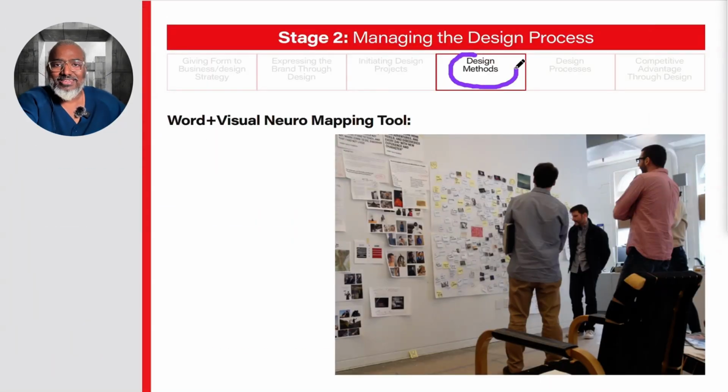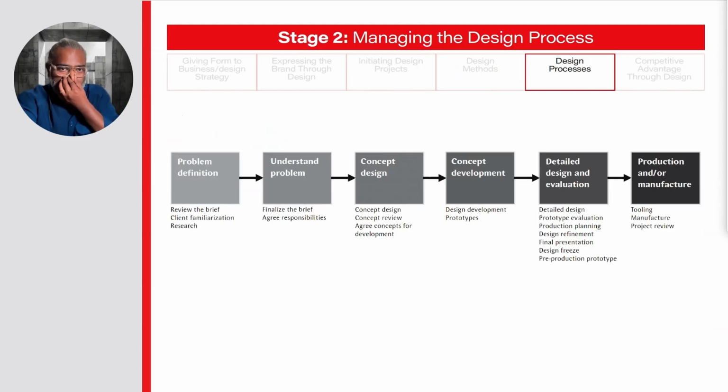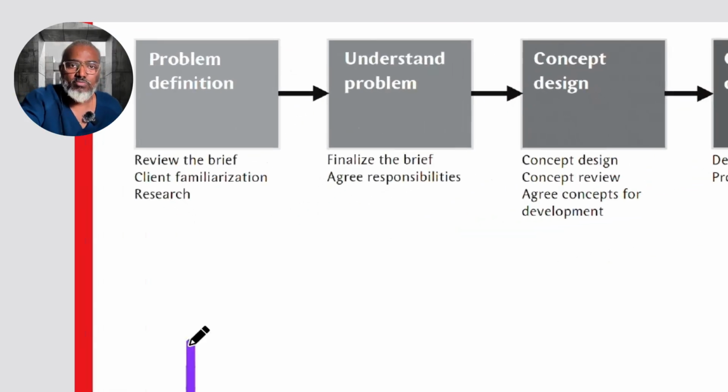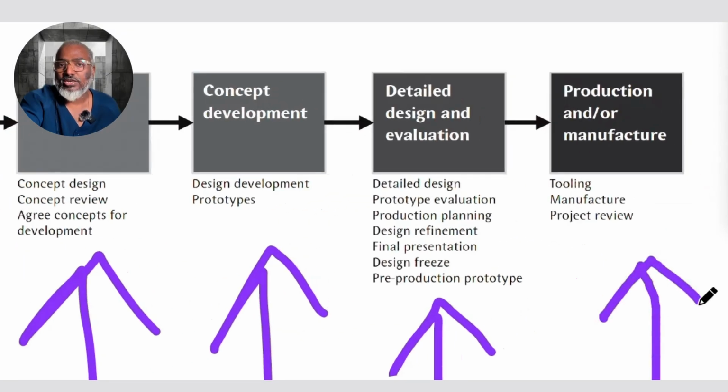So, design methods and methodology. There is a word and visual map. This is a methodology which is extensively used to come up with ideas. There are a few more processes: problem definition, concept design, concept development, detailed design evolution, product and manufacture.